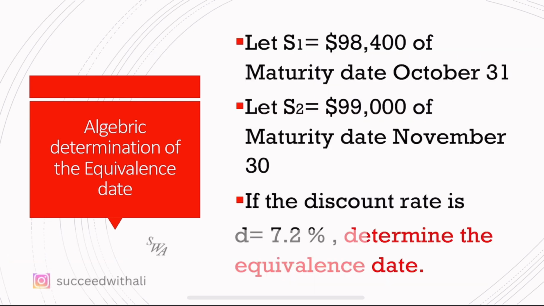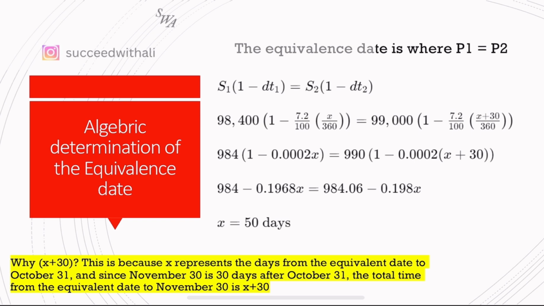We have 98,400 as the S1, and we have its maturity date, and we have S2, and we have its maturity date, and we have the discount rate. So P1 equal P2, the formula is S1 into 1 minus d multiplied by t1 equal S2 multiplied by 1 minus d times t2.